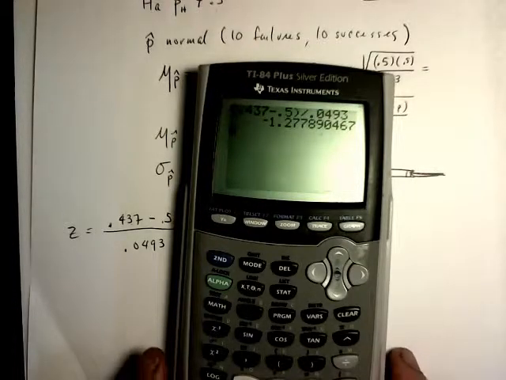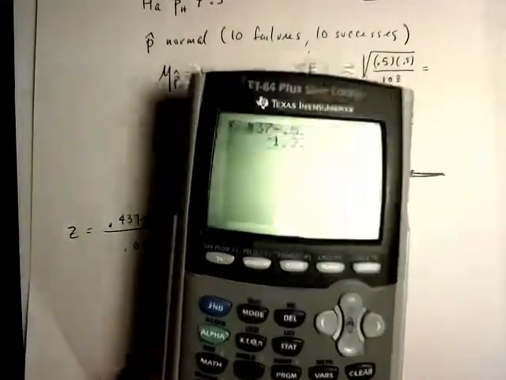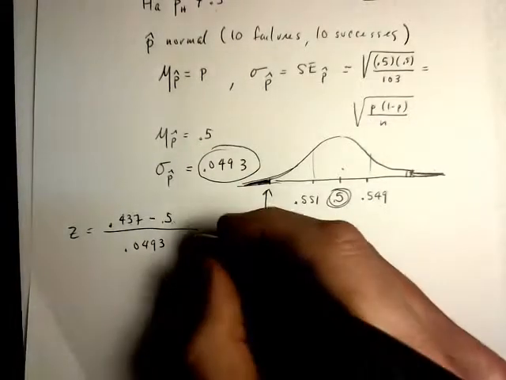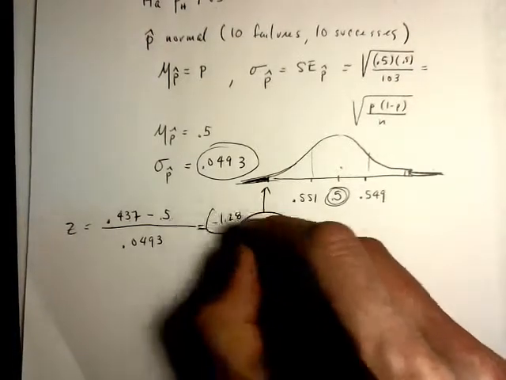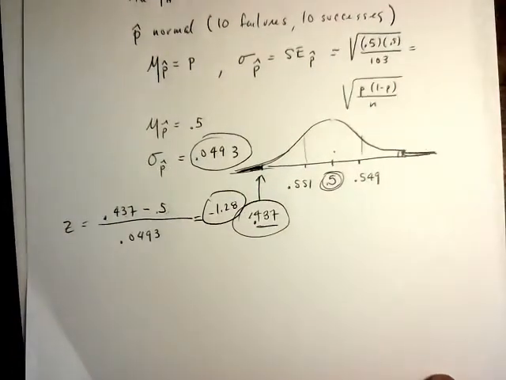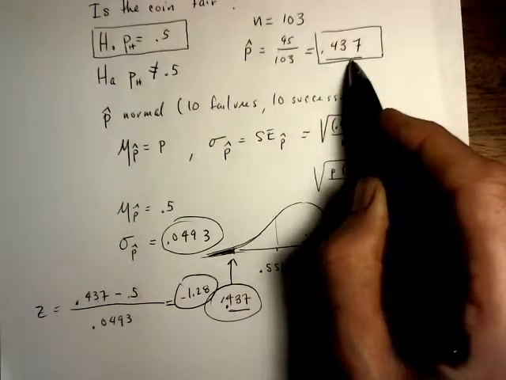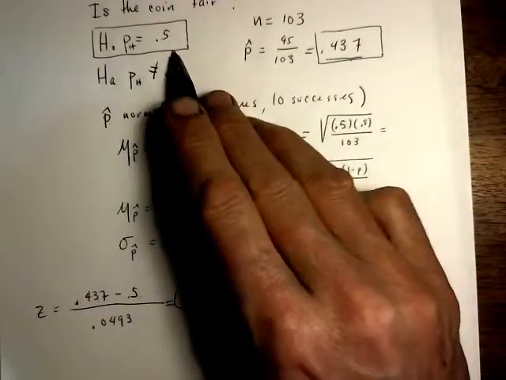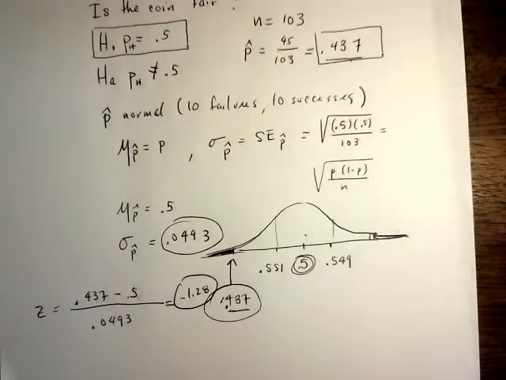I press enter, and I get a z-score of negative 1.28. The z-score is negative 1.28. So this p hat is about 1.28 standard deviations from that. We'll deal with finding the p-value in the next video.